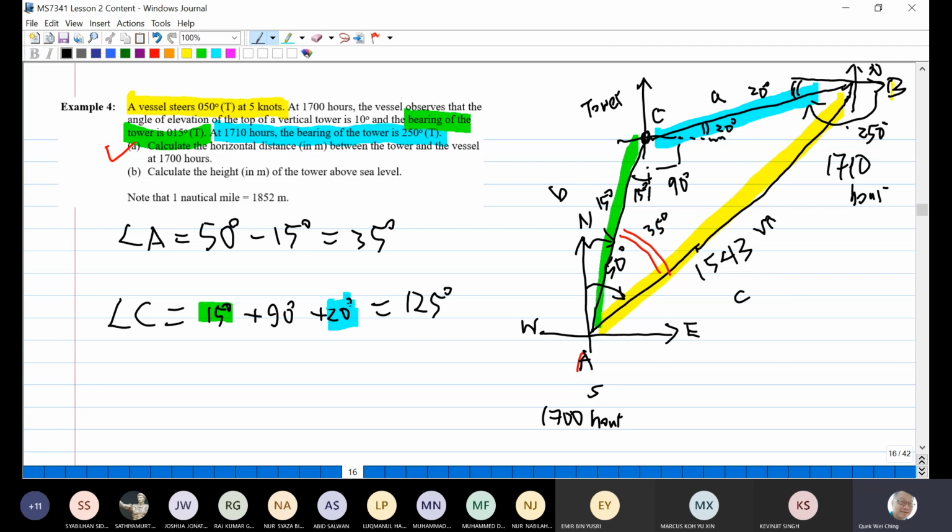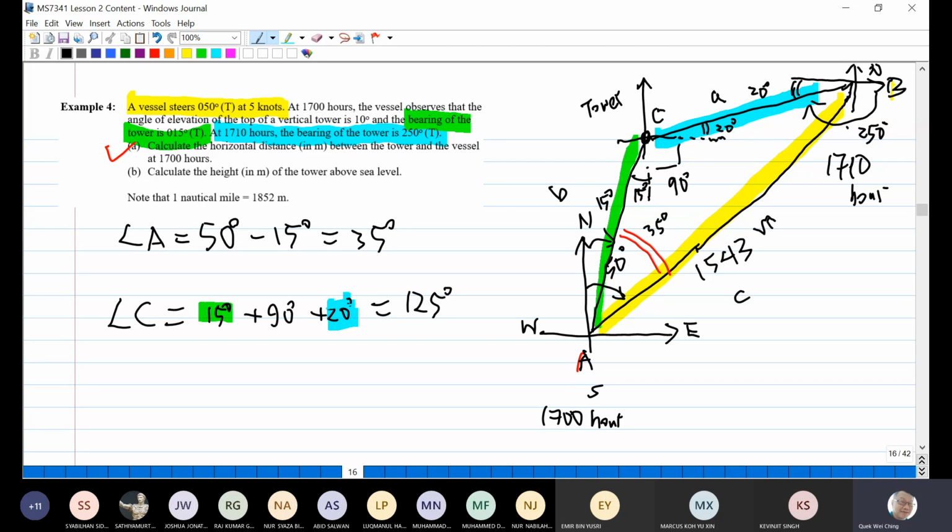Label ABC here. So that means I want to find out what AC is, right? Calculate the horizontal distance between the tower and the vessel. So AC is a B here, and A, I have no idea.